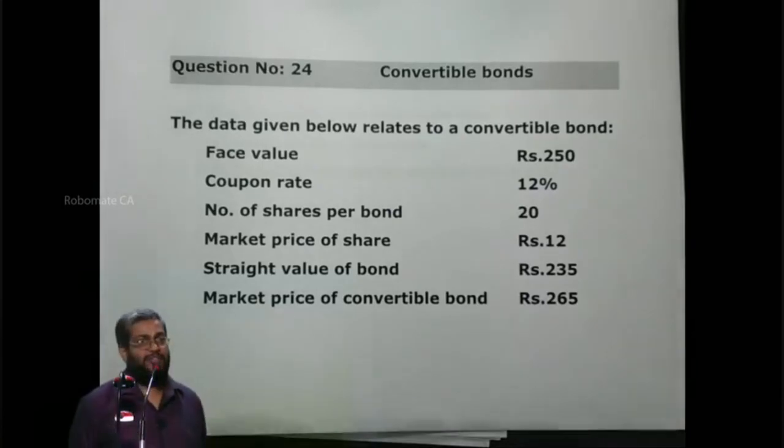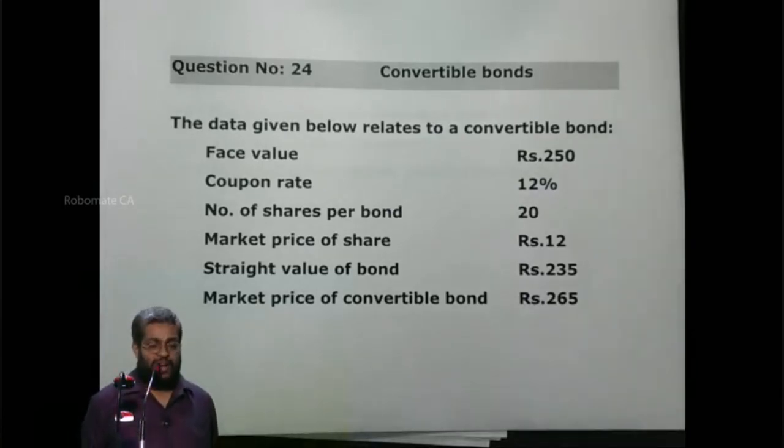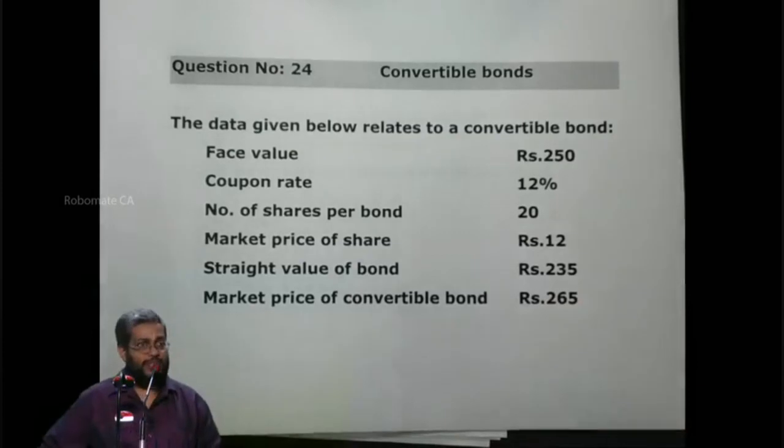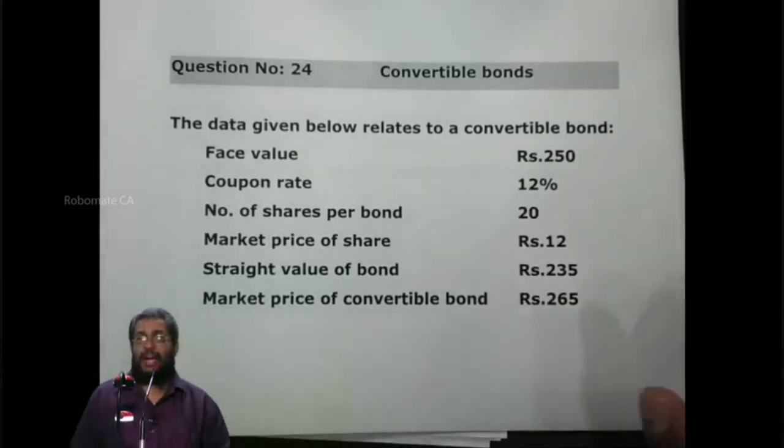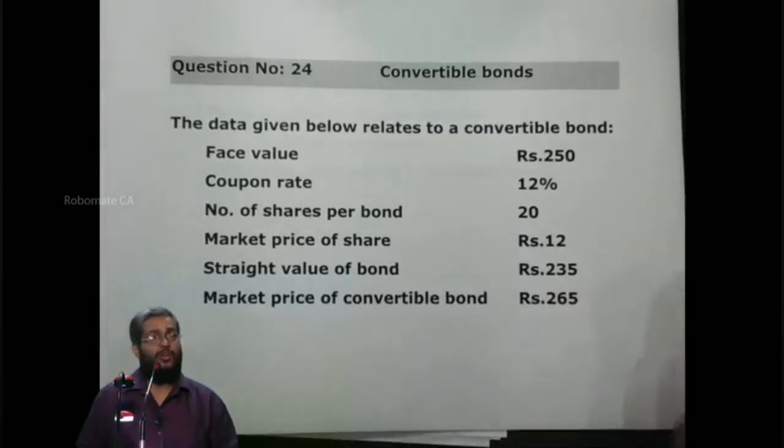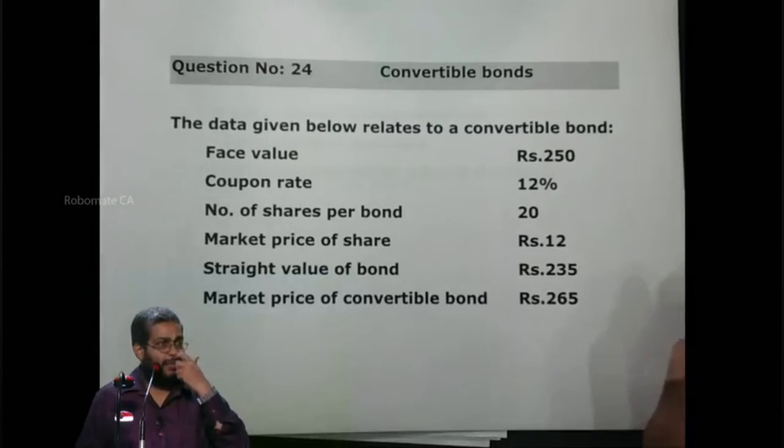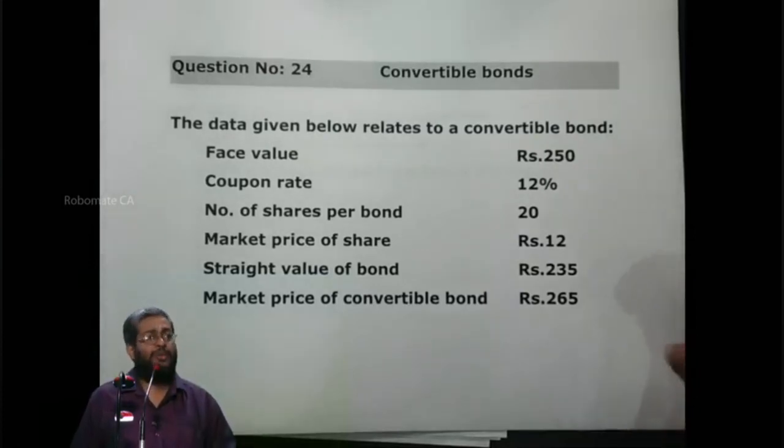Tell me, what is the price or value of the convertible bond? 265. Minus the conversion value, 240. 265 minus 240 is equal to how much rupees? 25. Convertible bond conversion premium is equal to 25.